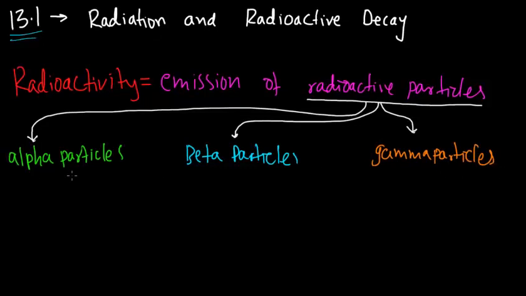So when an alpha particle is emitted by the nucleus of an atom, it is known as alpha decay. When a beta particle is emitted, it is known as beta decay. And when a gamma particle is emitted, it is known as gamma decay.